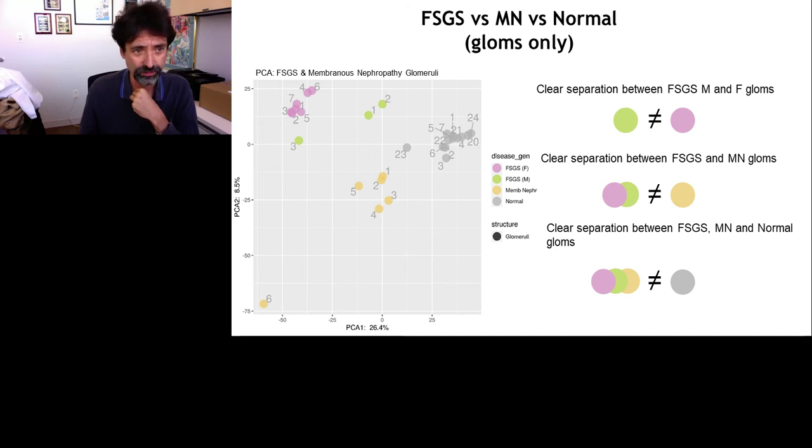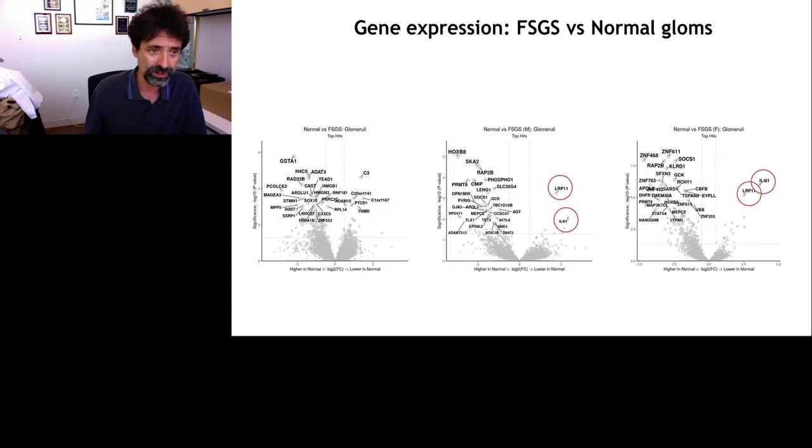Again, here we have the glomeruli of the FSGS patients, and in gray, the normal glomeruli that segregate differently. And here are the volcano plots, all together on the left, in the middle for the male patient, and on the right for the female patient.